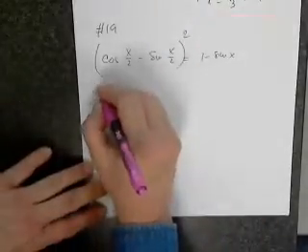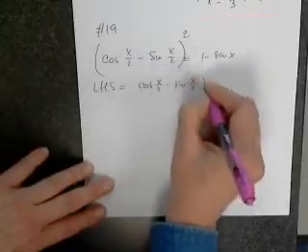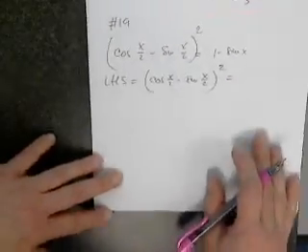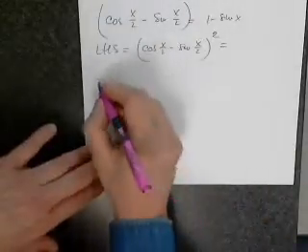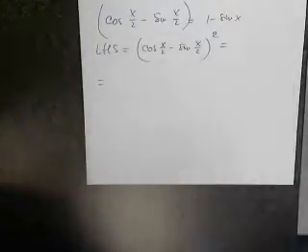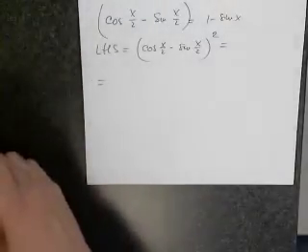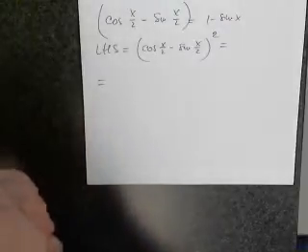So if I start with the left-hand side, which is cosine x over 2 minus sine x over 2, squared, at least I will square and see what happens, right? While talking, now I see how I will get there. How many terms will I write when I square a binomial?